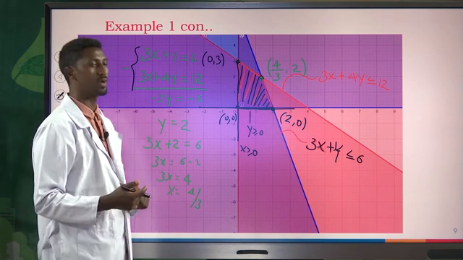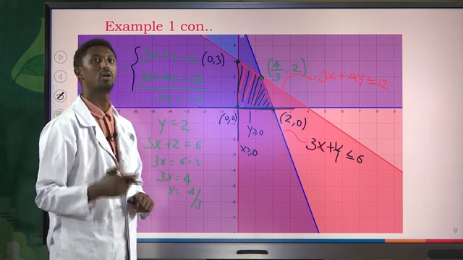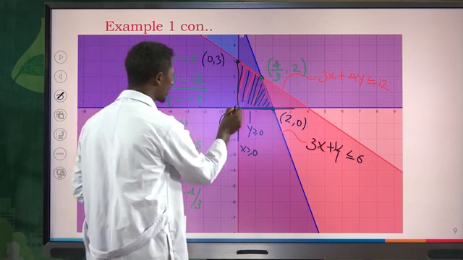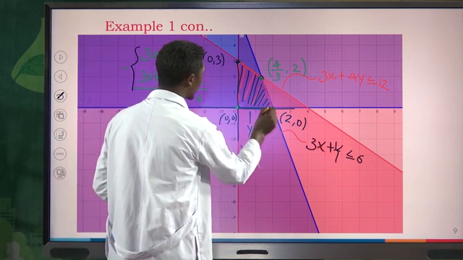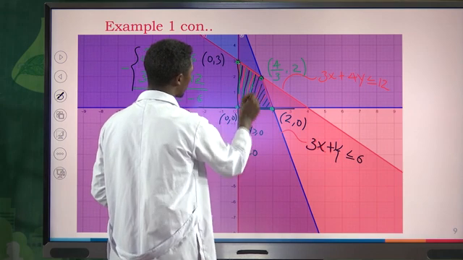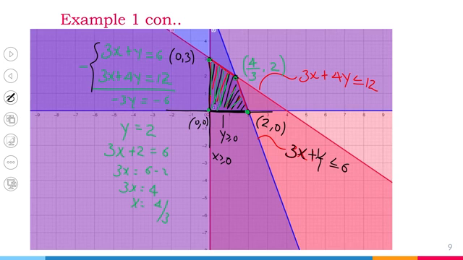Now let's evaluate the objective function for each of these vertices, or what we call the corner points of a given feasible region. The region that satisfies every constraint. Here, any point in the feasible region will satisfy each of the constraints.